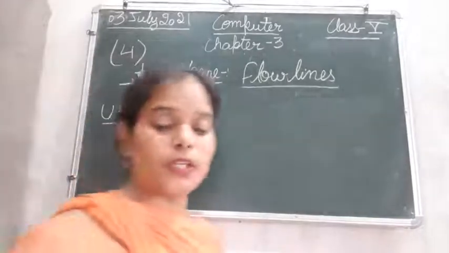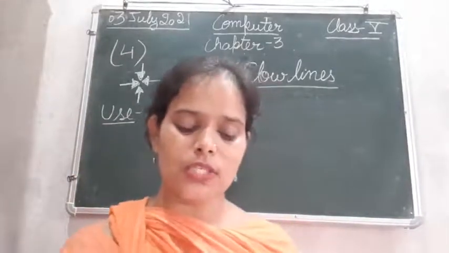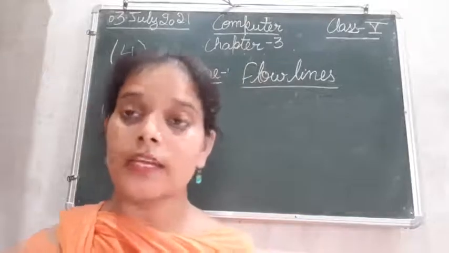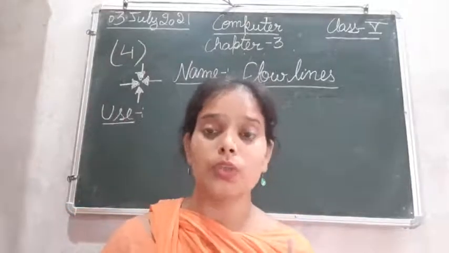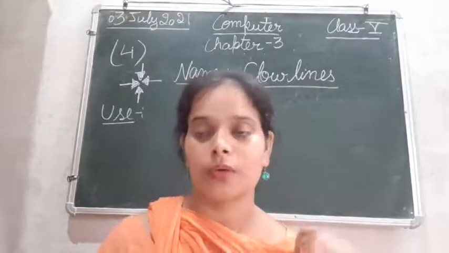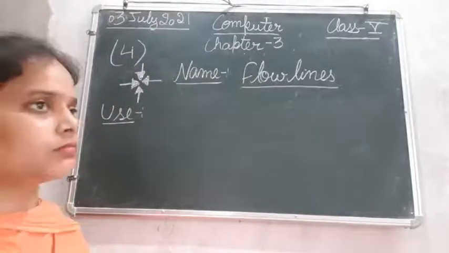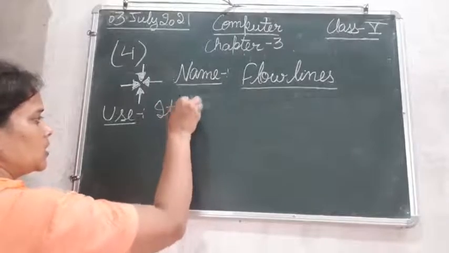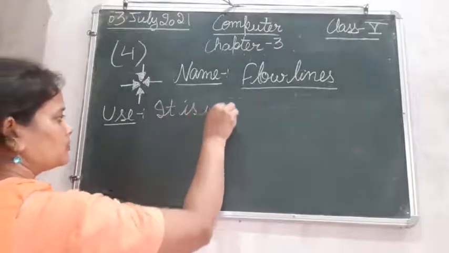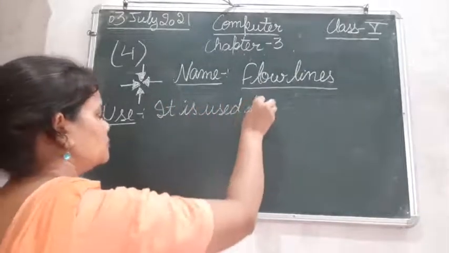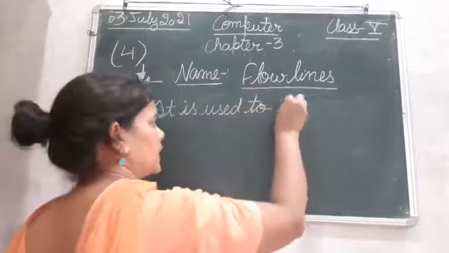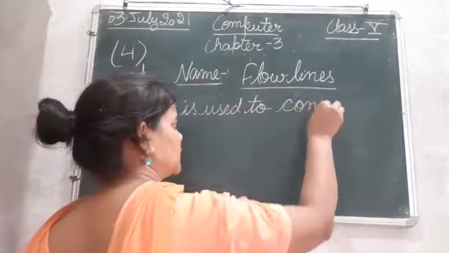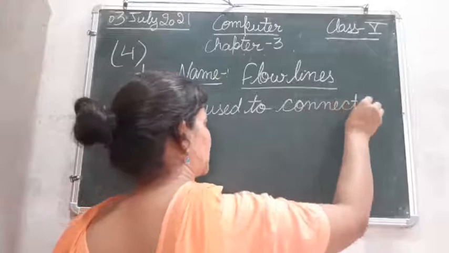So what is the use of these arrows? It is used to connect the different shapes and show the flow of the flow chart.